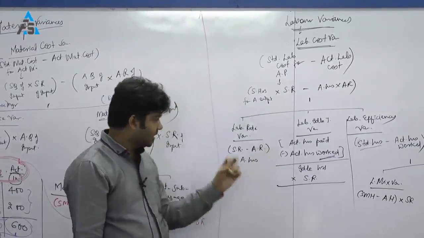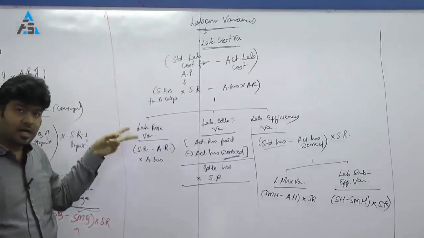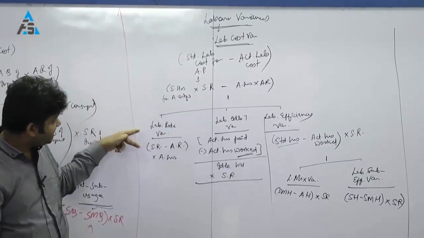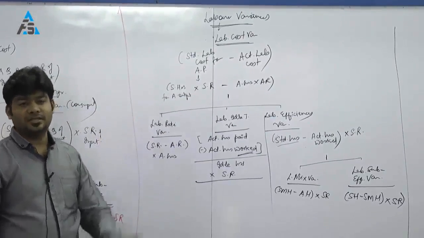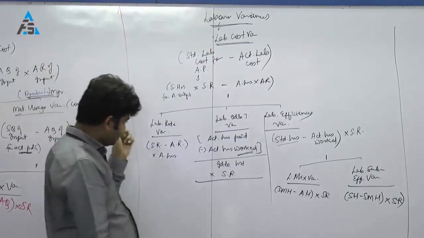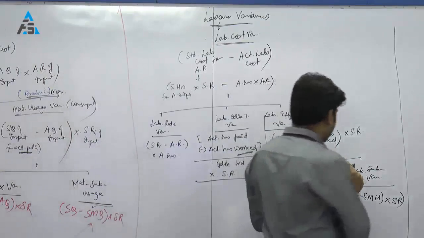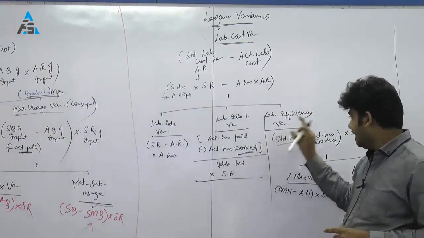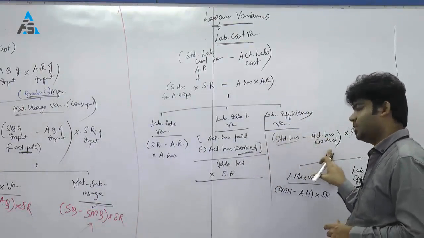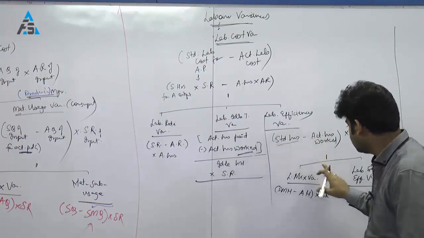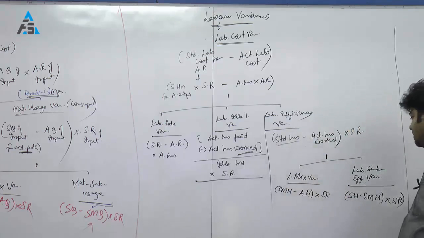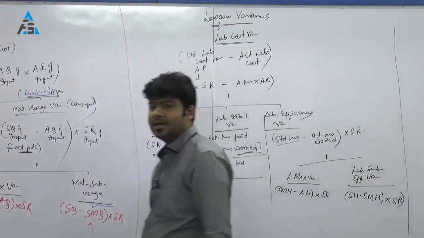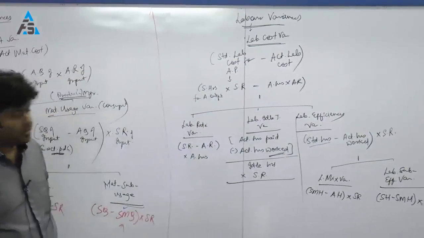We will use the ratio of the standard which they have given for skilled and unskilled. So it will be divided in the ratio of skilled and unskilled. That hours will be calculated here, and it will be subtracted from actual hours worked. Then labor mix variance and labor sub-efficiency variance will be calculated. So this is about labor variances.